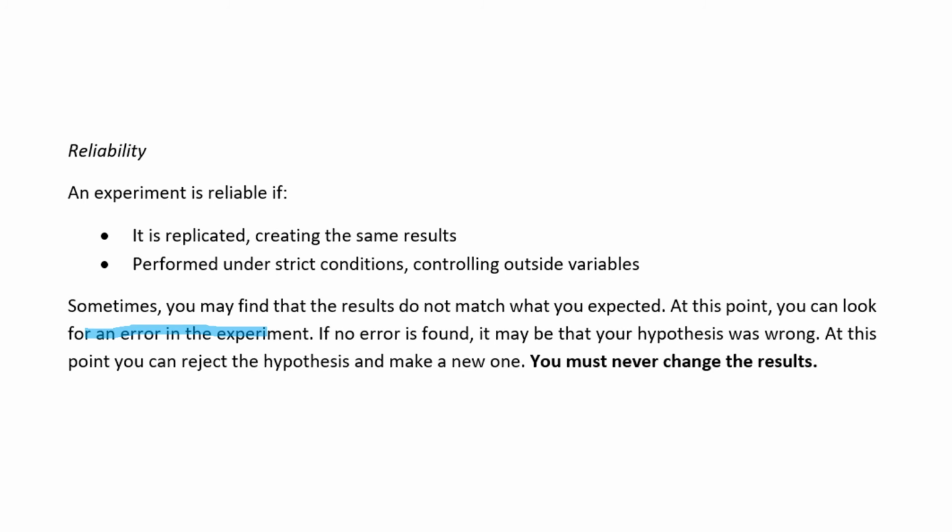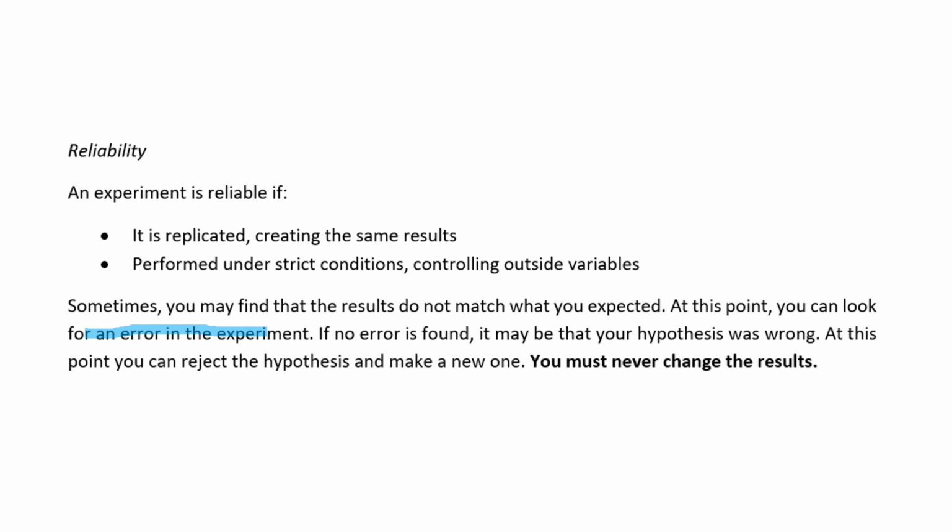Also, you might want to check if your hypothesis is correct or not. You can always reject your hypothesis. You can say you got the hypothesis wrong. It's been proven to be not true. And then you can make a new hypothesis and you can test again. But one thing you can never do, and this does come up quite often, you can never change the results.